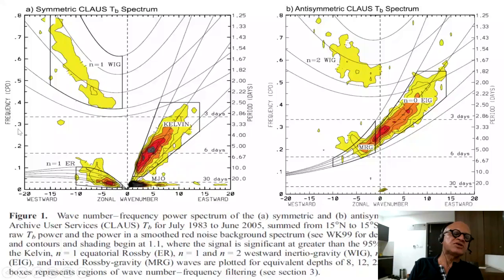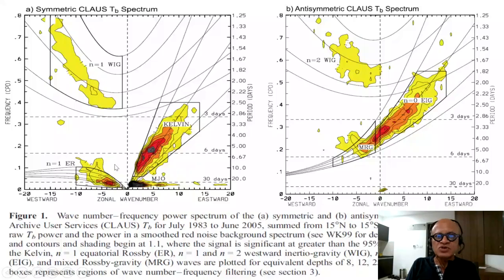But nonetheless, here frequency is in cycles per day for the symmetric Klaus TB spectrum, and obviously you have to go through other podcasts of mine in the tropical dynamics course, that's where I have all this equatorial wave material.